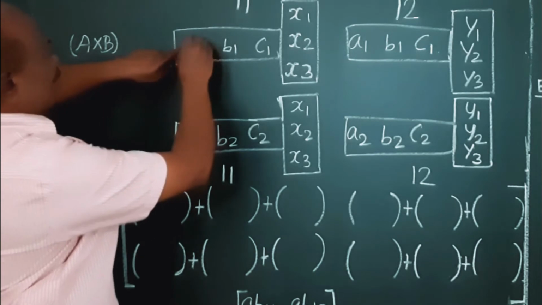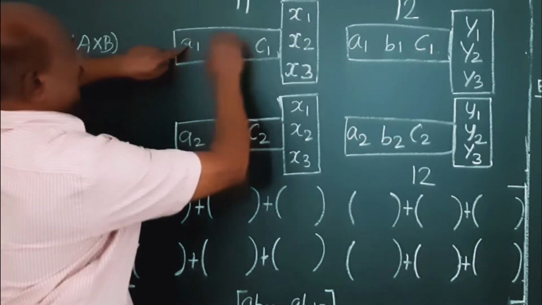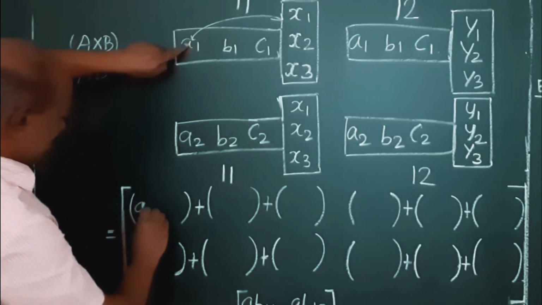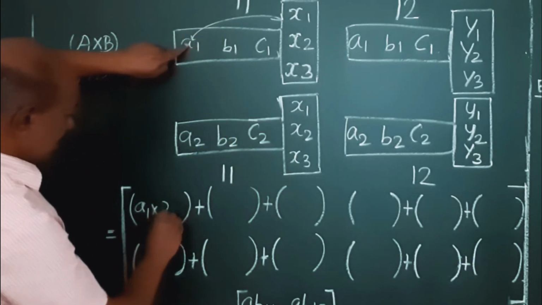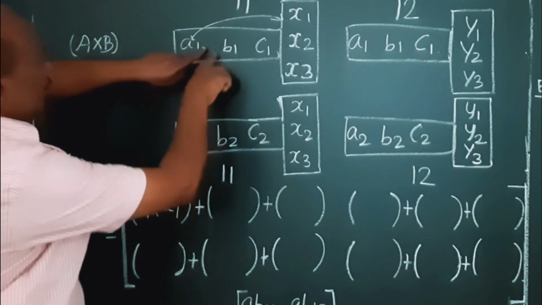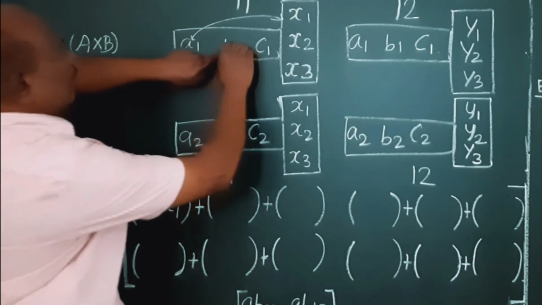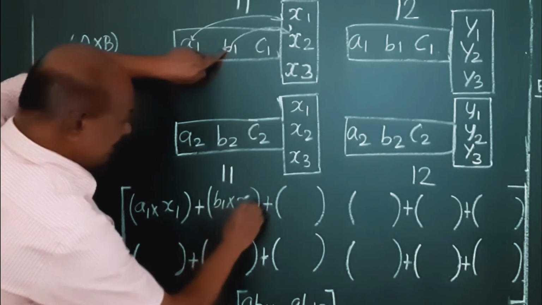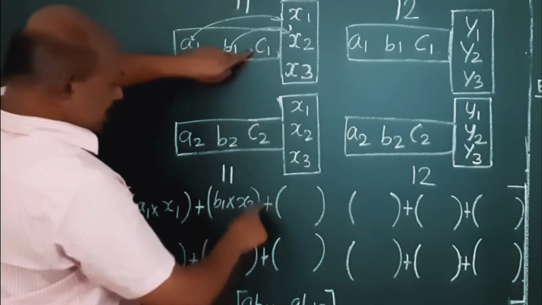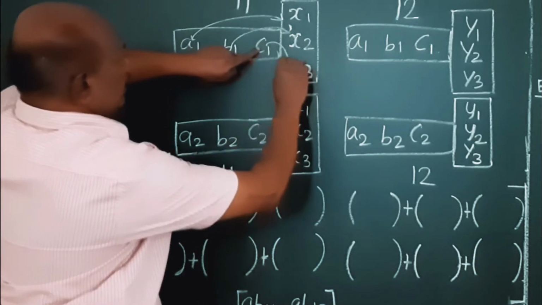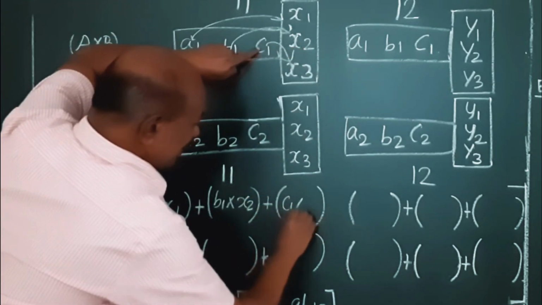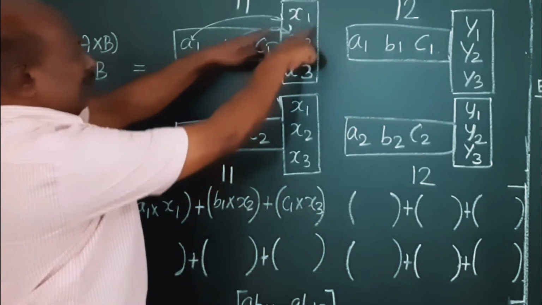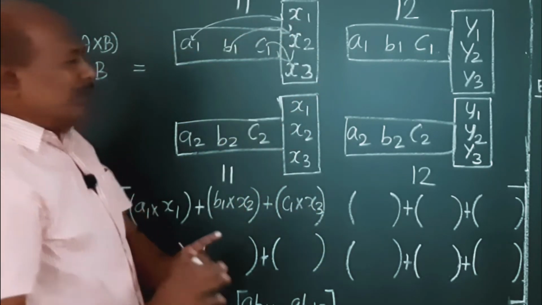Now, A1 into x1 plus B1 into x2 plus C1 into x3. Now the first row with the first column is over.